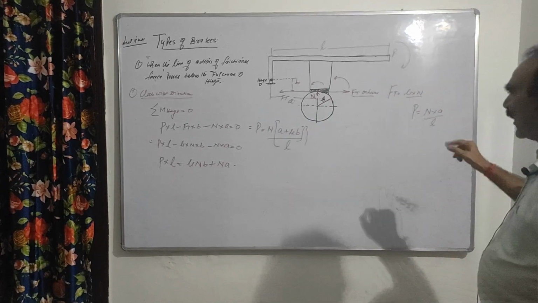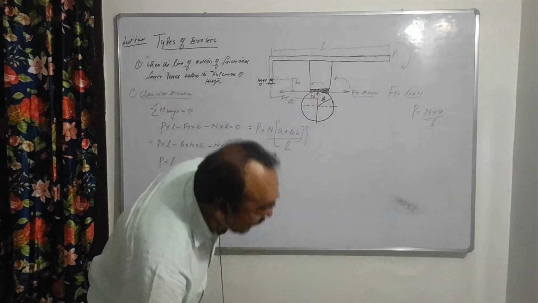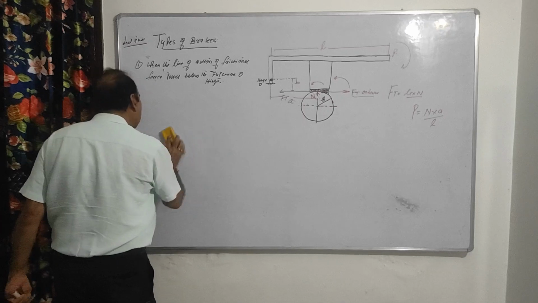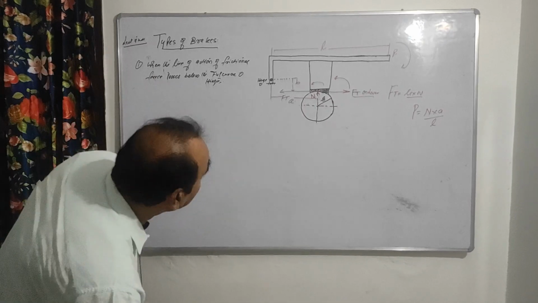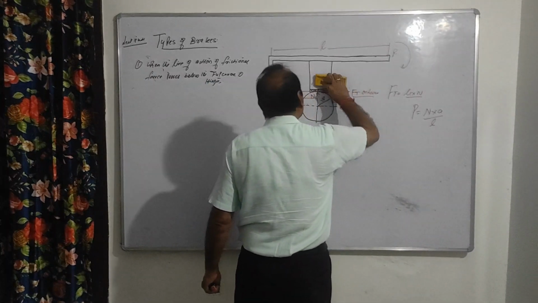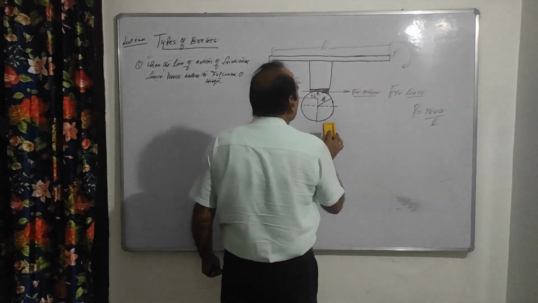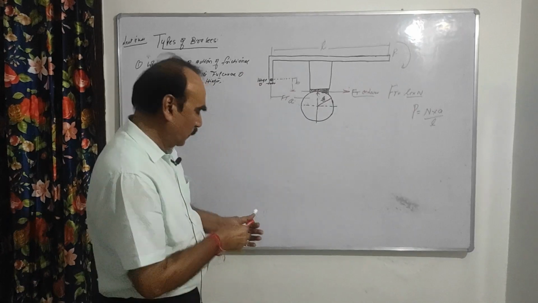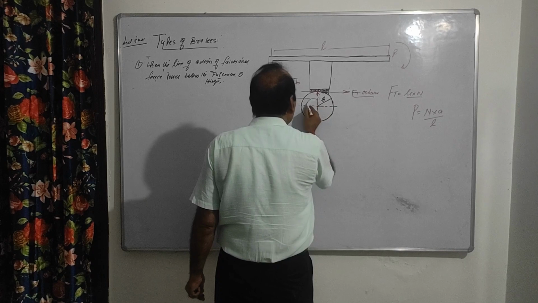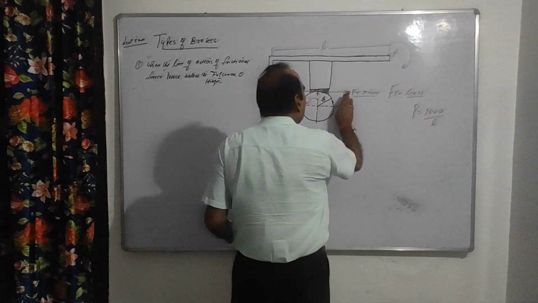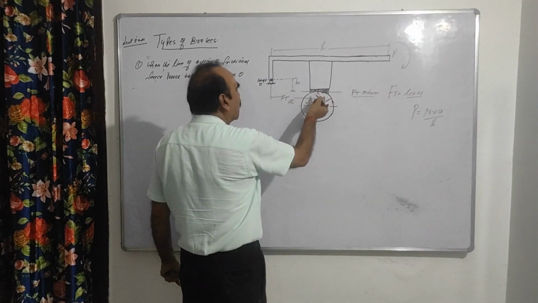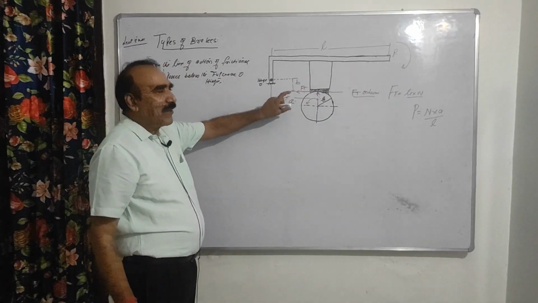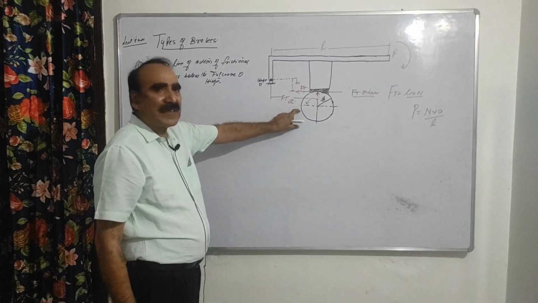Now we will come to the second case, when the rotation of the drum is in the anti-clockwise direction. I will continue with the same diagram and will not draw a new one. So we take the second case from here. When the rotation of the drum is in the anti-clockwise direction, what will be the direction of the force Ft on the lever, on the shoe? Because the frictional force which is acting on the lever, you forget about the forces on the drum, I have already told you.